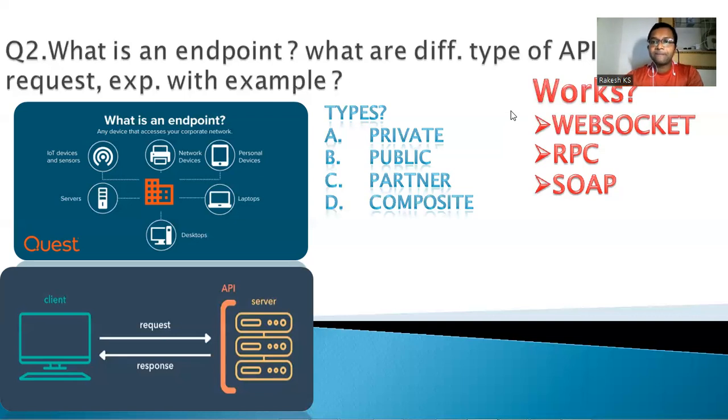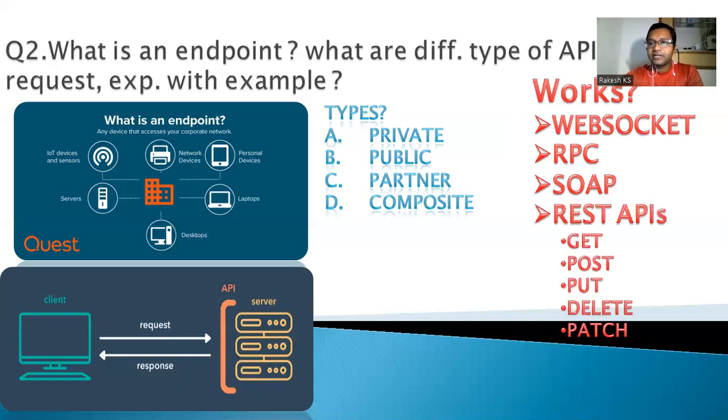Next is the most important one, REST APIs. REST stands for representational state transfer. These are the most widely used and very flexible. The REST API uses HTTP to transfer data between the server and the user.